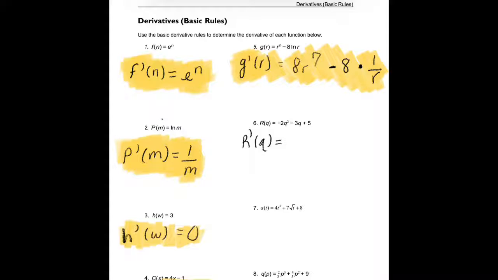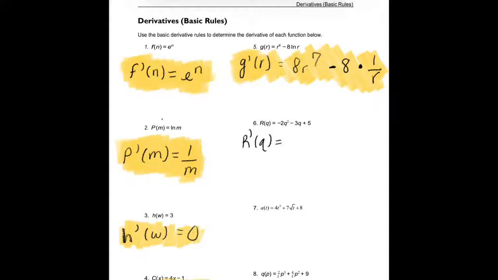We have r of q equals negative 2q squared minus 3q plus 5. So we are going to actually, like I had mentioned before, if there was a number out front here and the power up here, we multiply these. But if there's no number out front here, it's just a 1, just like when we saw a number 5.